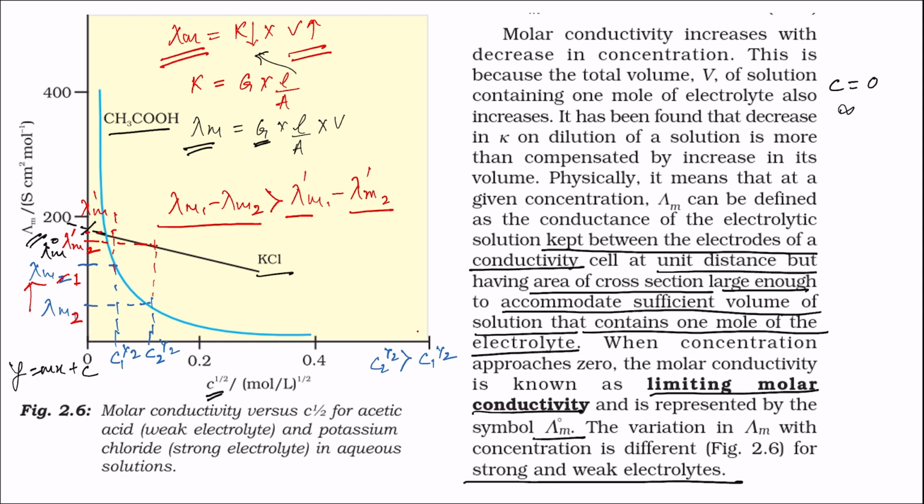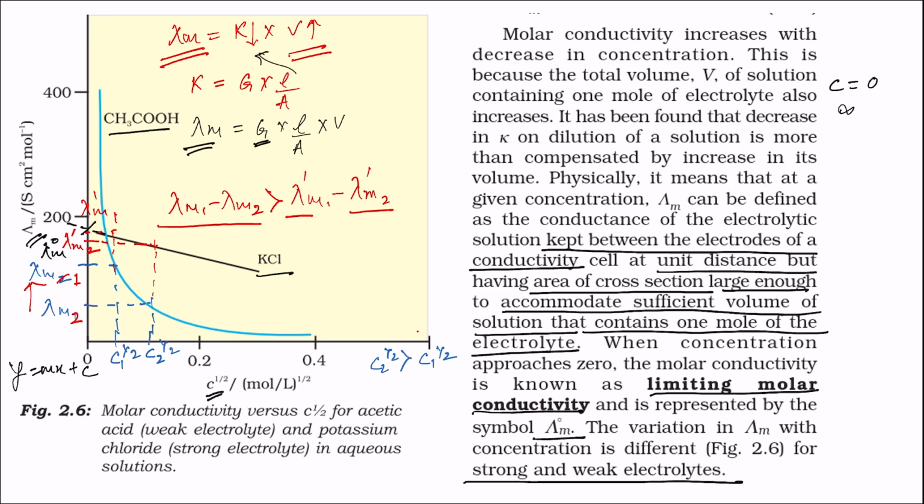The reason is, why is acetic acid called a weak electrolyte? Because when it is dissolved in a solvent, it dissociates to a very small extent. But on dilution, its degree of dissociation increases. More and more acetic acid molecules dissociate into ions, as a result of which its molar conductivity increases. Whereas KCl, a strong electrolyte, is 100% dissociated at all dilutions.